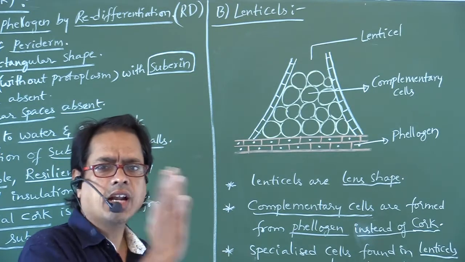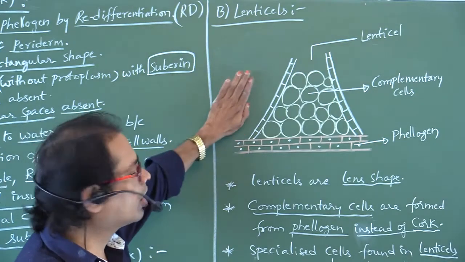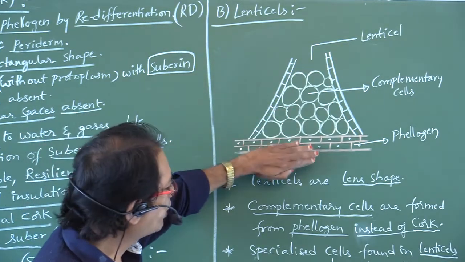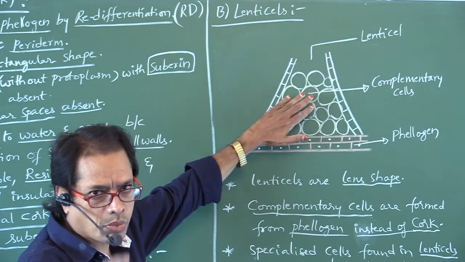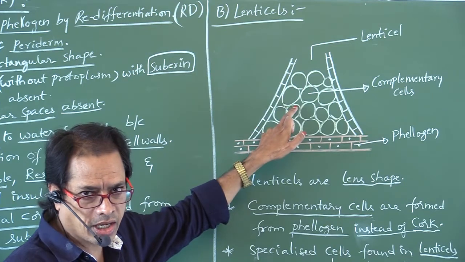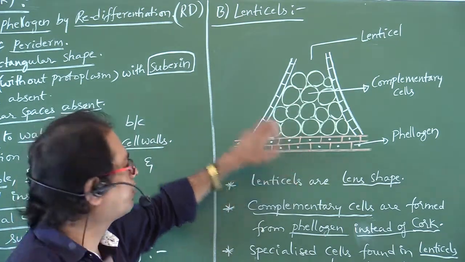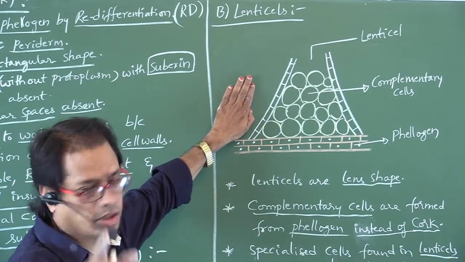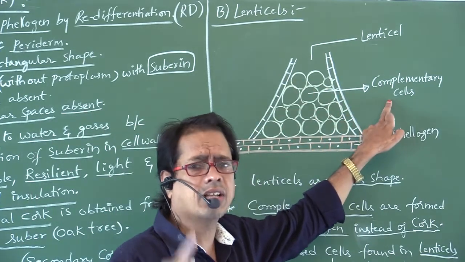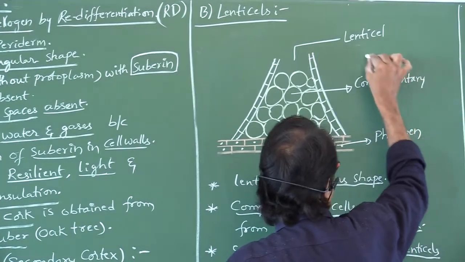That's why here and there, instead of cork tissue, this phellogen produces a loose mass of parenchyma cells. Those loose masses of parenchyma cells are called complementary cells. What are complementary cells?